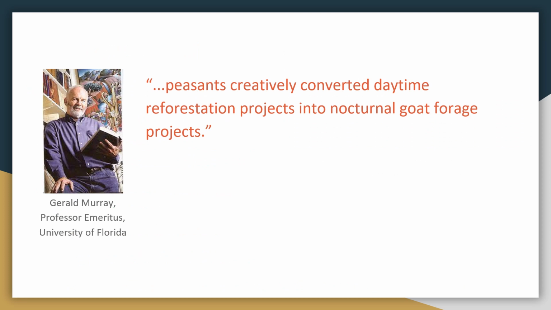With all of these disincentives, the government wasn't having any luck with its original reforestation campaigns, so that's when Gerald Murray was asked to be involved. Here's another quote from our professor. He says that the peasants creatively converted daytime reforestation projects into nocturnal goat forage projects. It was a problem.